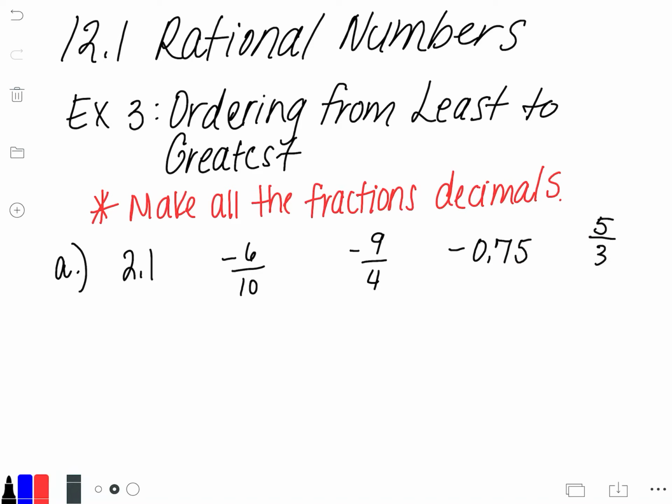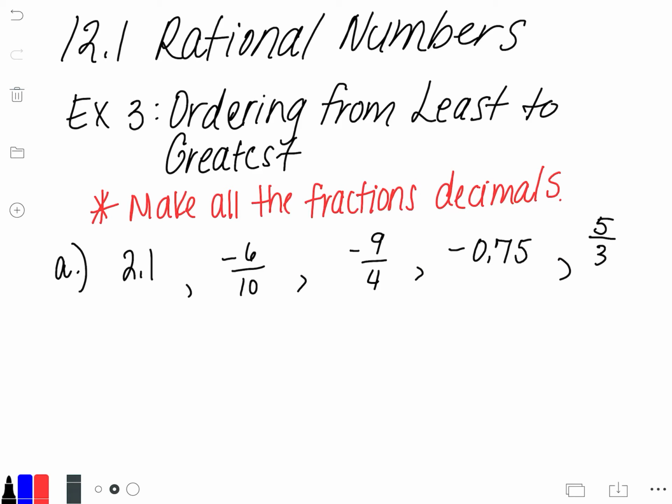So if you need to order these numbers from least to greatest, you can kind of use common sense at first. For example, you know the negative numbers are smaller than the positive numbers. So right now you can look at your three negative numbers as to which one is the first number.